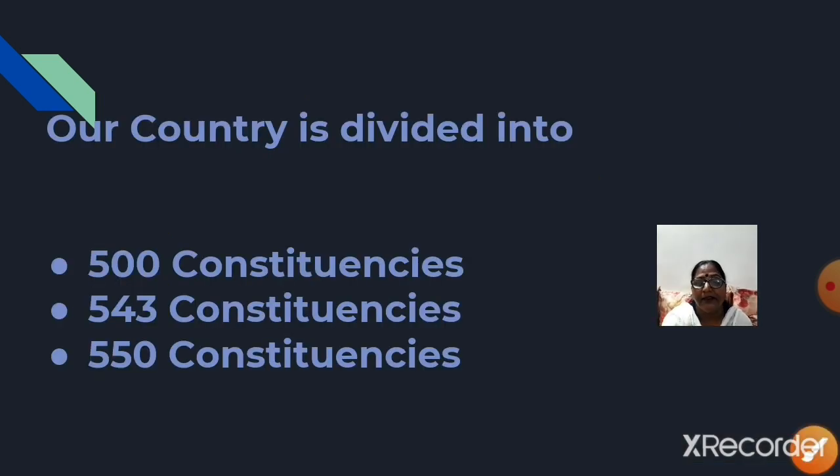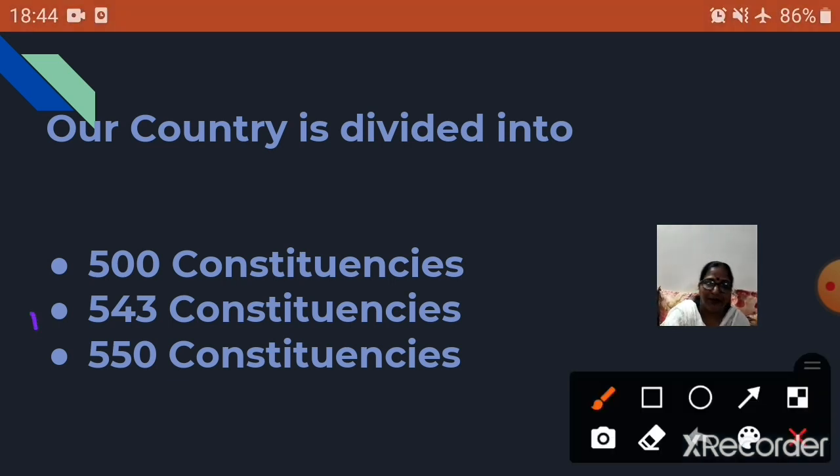Okay, the next one. Our country is divided into constituencies. But how many? Is it 500 constituencies or 543 constituencies or 550 constituencies? And our answer is 543 constituencies.